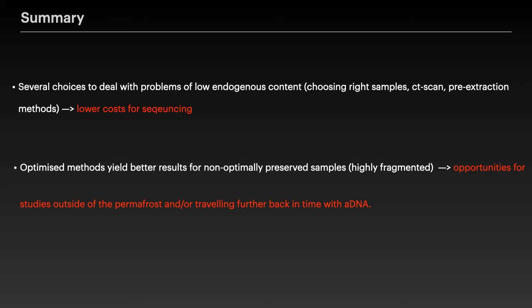We also saw that optimized methods such as the aDNA extraction method or the single-strand library have the potential to give better results, meaning retrieving shorter fragments from ancient samples. This basically opens a new window for studies outside of the permafrost region, and also pushes the time limits further back in time.